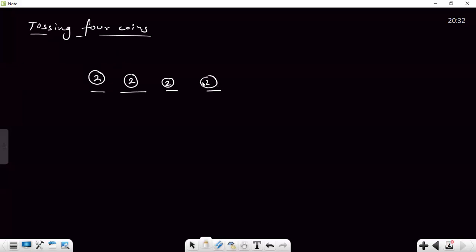Same for all four coins. They are all dependent events because we are going to look at the result of all four coins. Okay. So how many in total? 2 into 2 into 2 into 2, 2 raised to the power 4, is equal to 16 total possible outcomes.